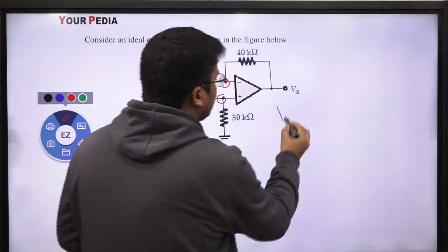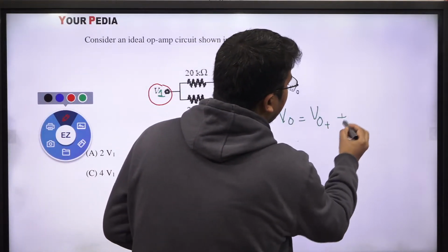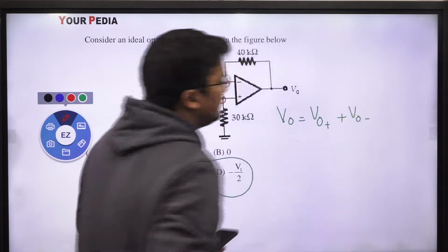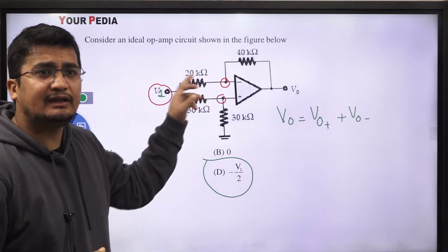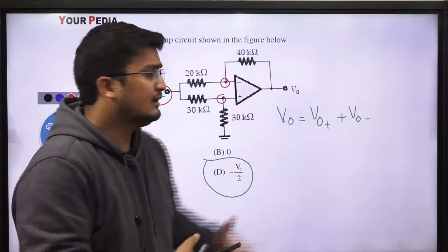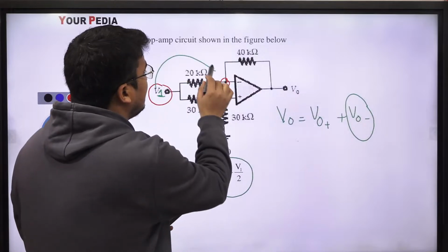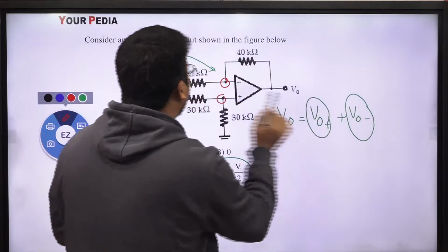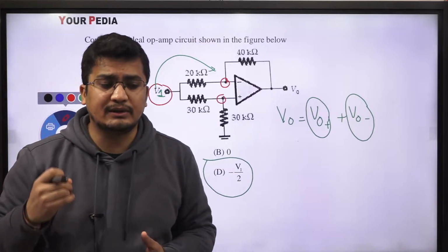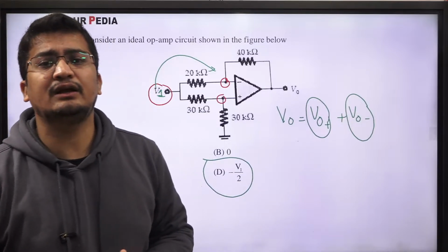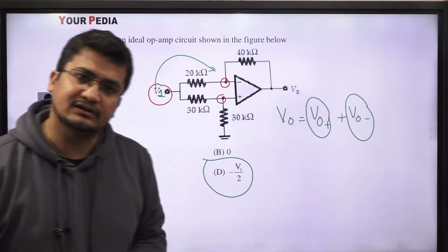Your output will be equal to Vout plus plus Vout minus. It means first calculate the output with the input at the inverting terminal, and then the output with the input at the non-inverting terminal. In network theory you might have studied that when you have multiple sources in a circuit, to calculate the response you can use superposition, and it works for the linear IC too, right?